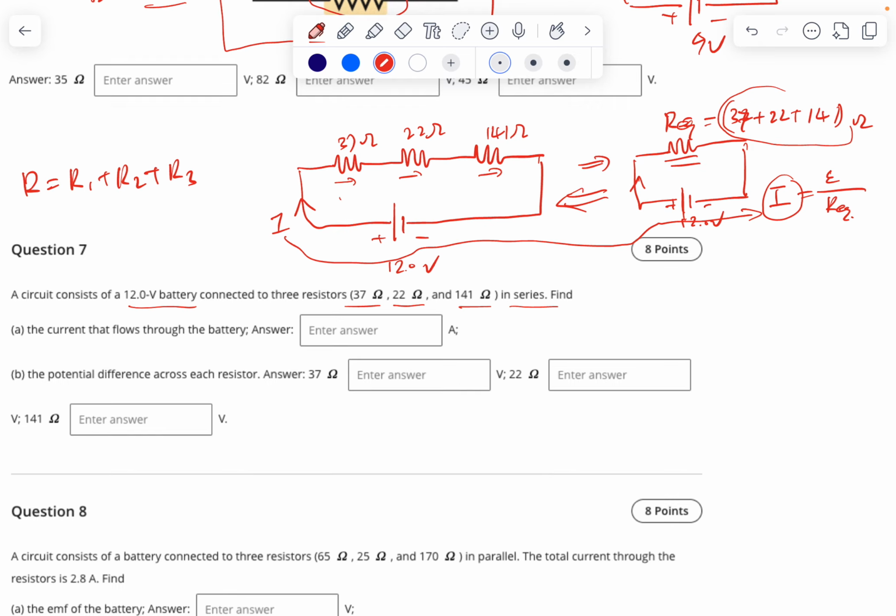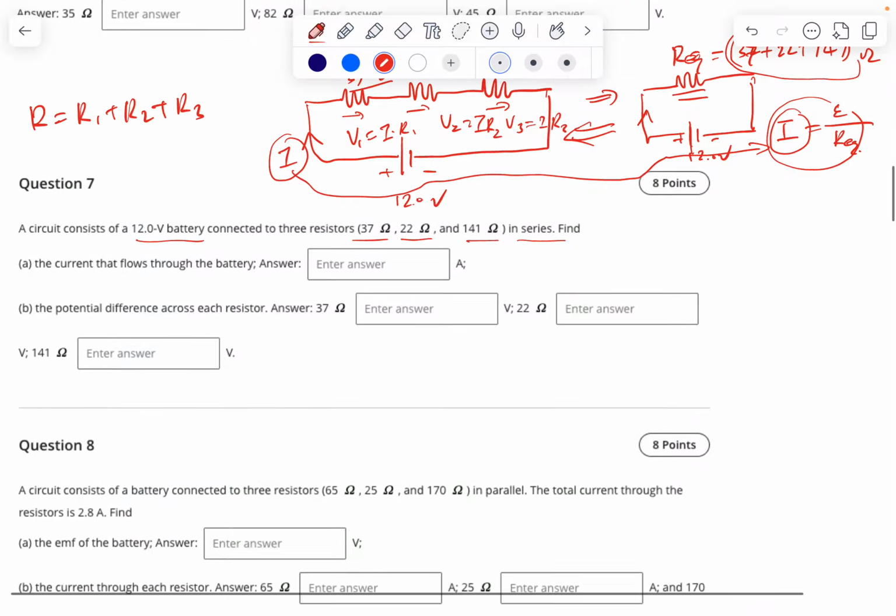Then the voltage V1 equals whatever current you calculated from this equation times resistance. Same idea for V2 and V3: everybody has the same current, times R2, times R3. So you just do the work, right?